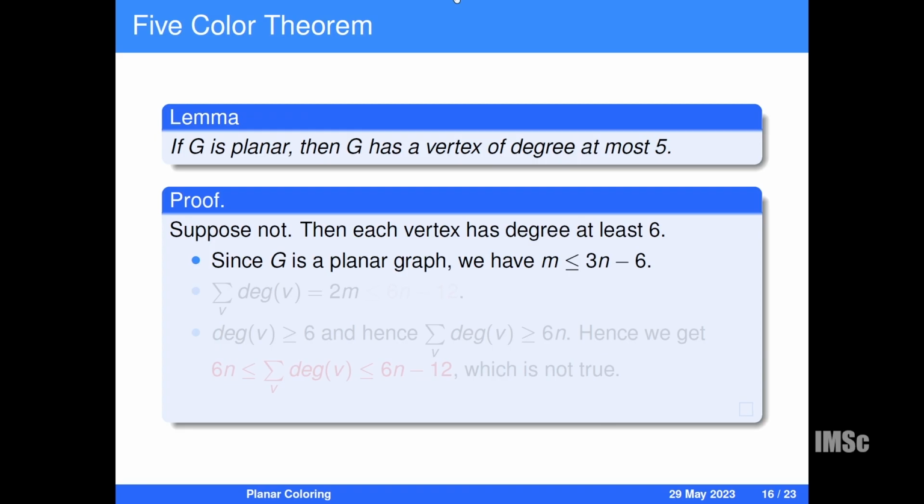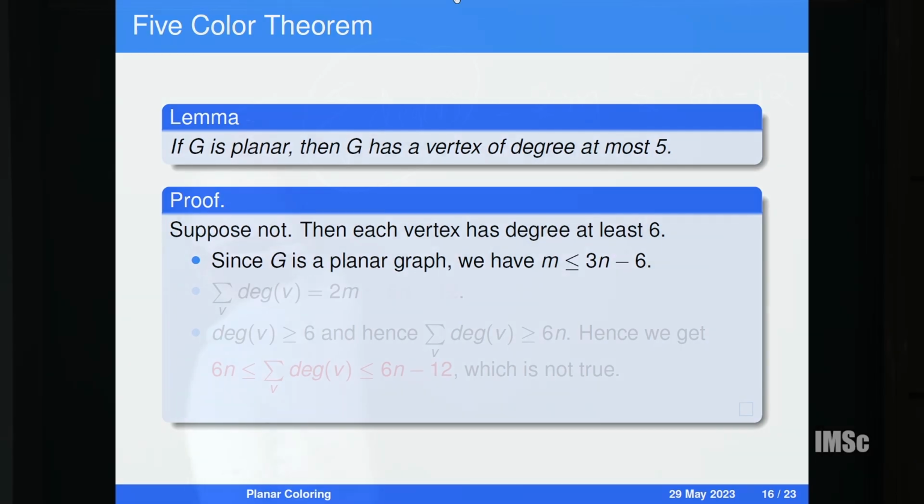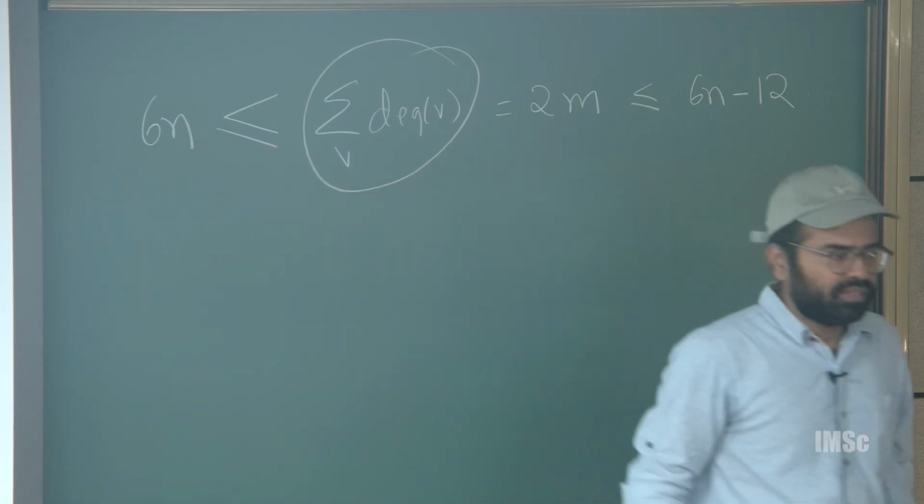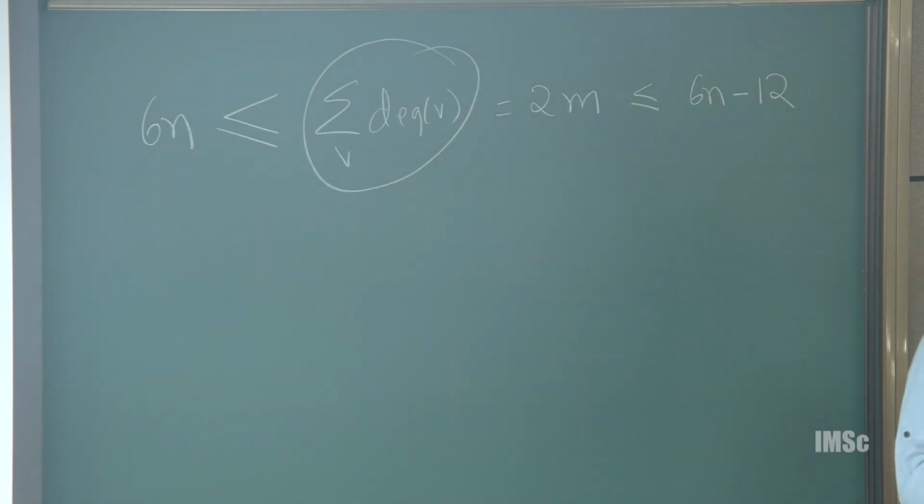So now we have assumed something for contradiction: every vertex in the graph has degree at least 6. Now can you come up with a lower bound for this quantity? This should be at least 6n, right? You are saying that the degree of every vertex is at least 6 and there are n vertices.